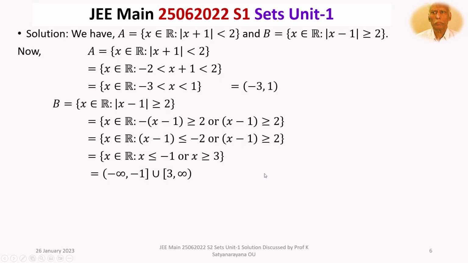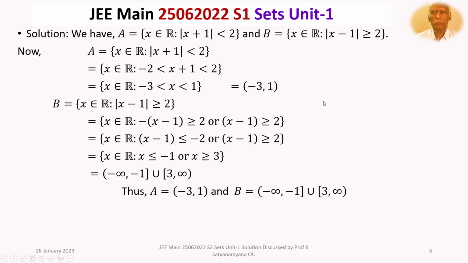Now to discuss A minus B, B minus A, A intersection B, A union B, all these things, we require a geometrical representation. That is, we represent these things on a real number line.